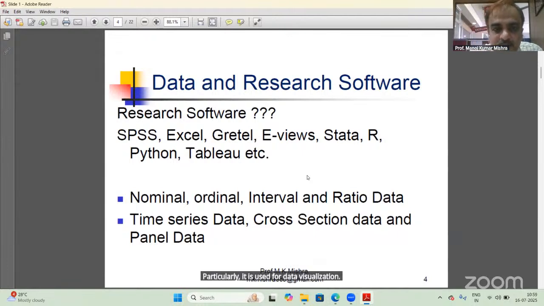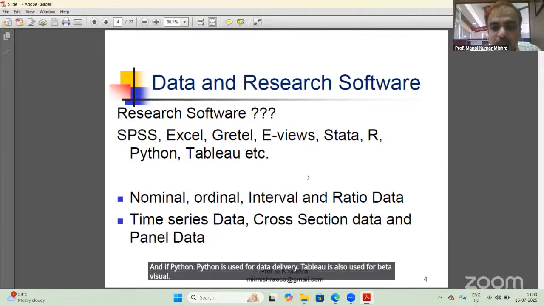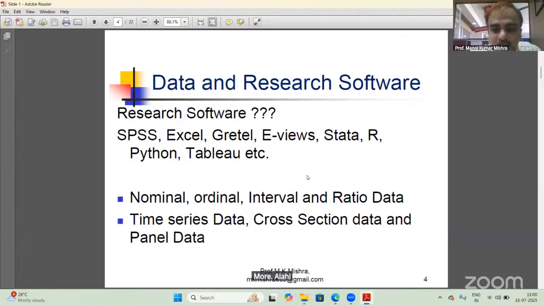Python is used for data visualization. Tableau is also used for data visualization. Their use is in all areas, but particularly they are more useful in this.